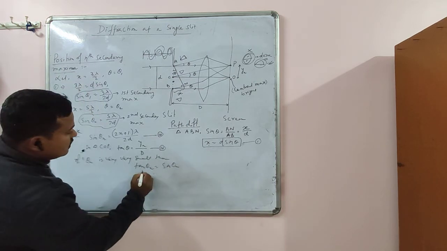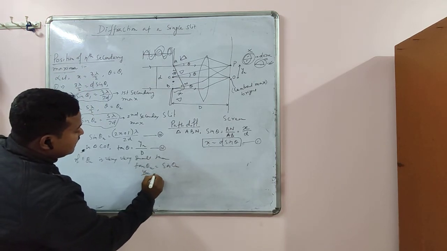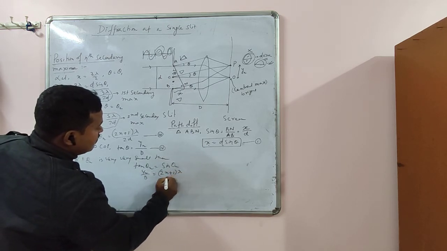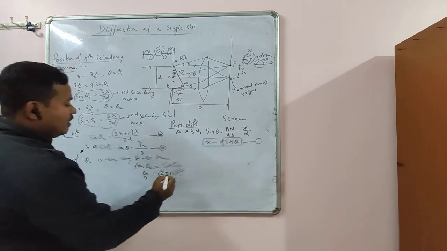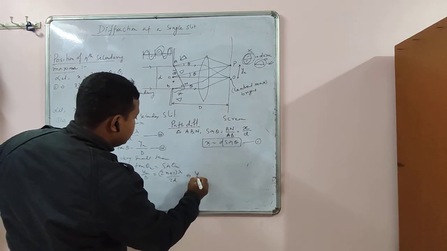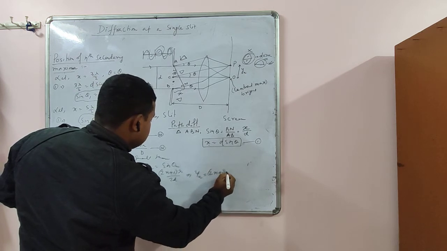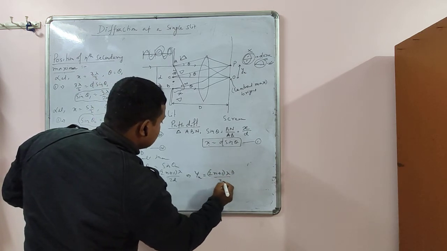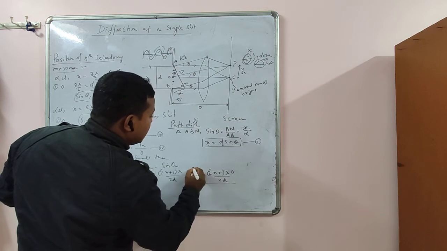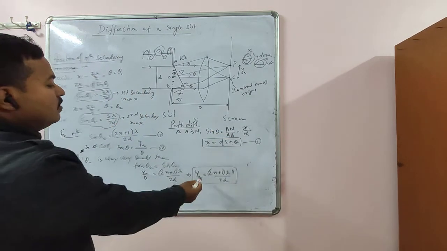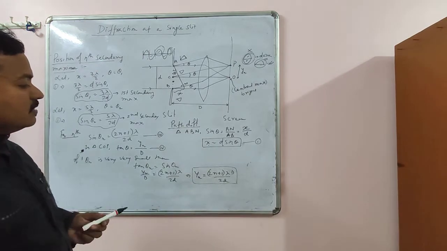So tan theta n means Yn by D, and sin theta n means (2n plus 1) lambda by 2d. So from here you can find out the position, that is Yn is equal to (2n plus 1) lambda D by 2d. So we got the position of nth secondary maxima and nth secondary minima from the center of the screen. Okay?